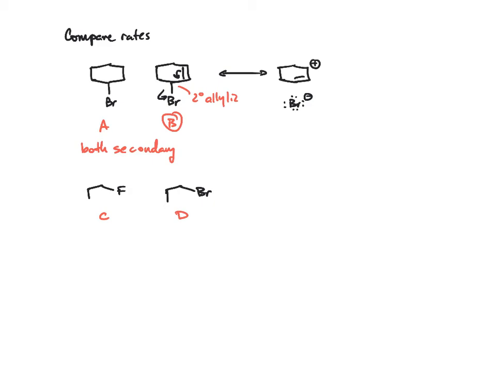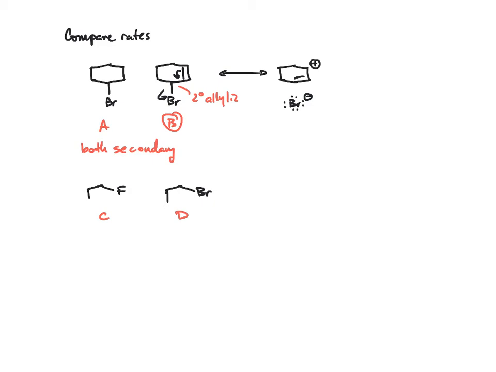Well, the reason you want to use is if you're comparing the pKa's of the conjugate acids of these things, you have HF versus HBr. Actually the HBr is going to be much more acidic than the HF.